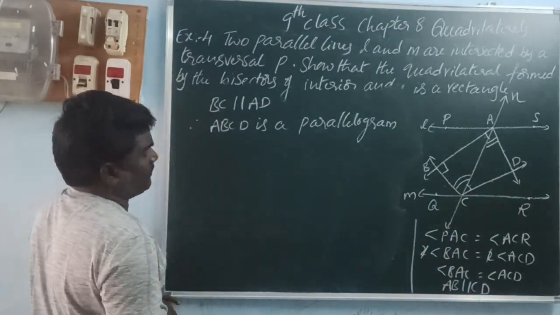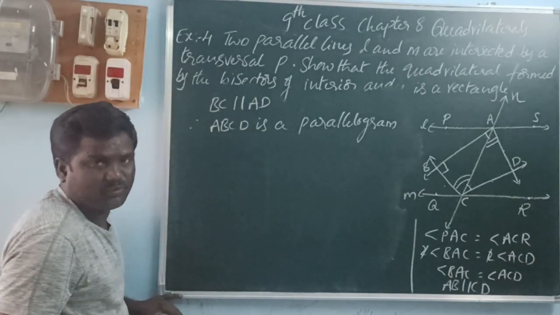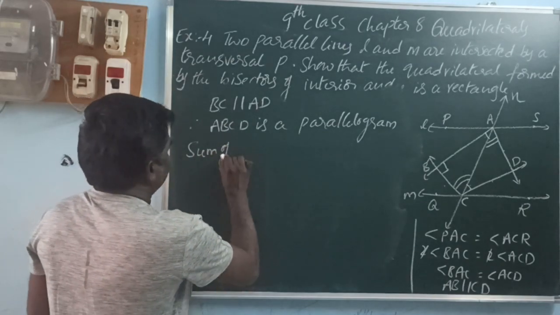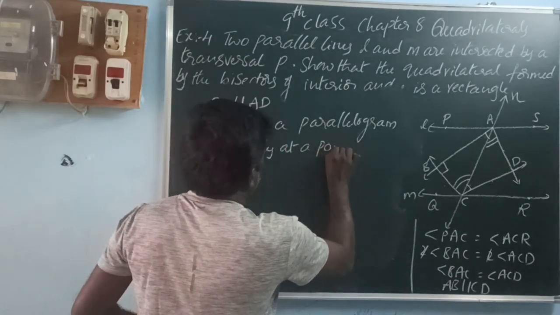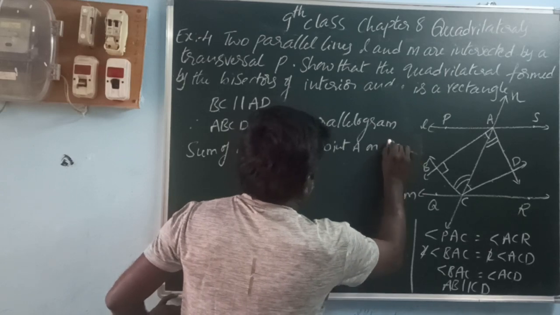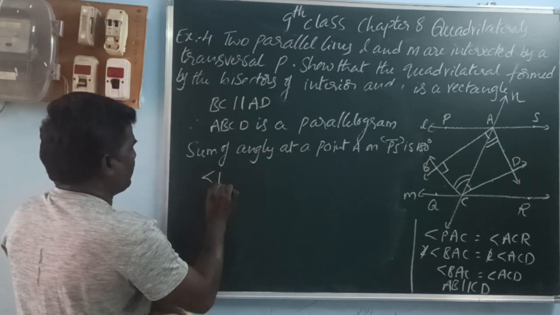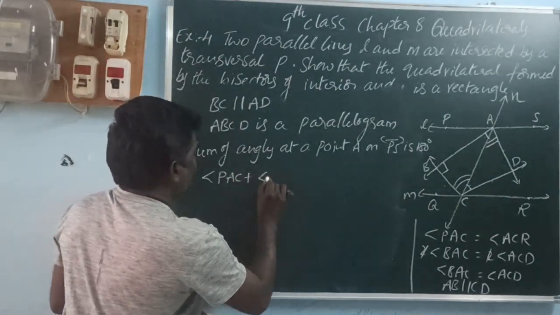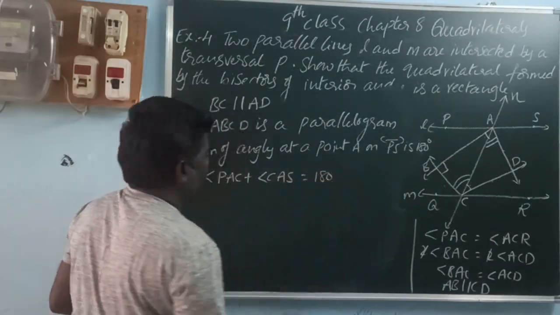Now, the sum of angles at a point on a line is how much? 180. So the sum of angles at point A on line PS is 180. That is, angle PAC plus angle CAS is equal to 180.